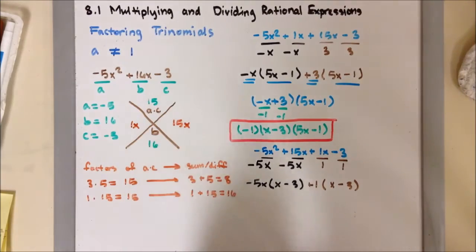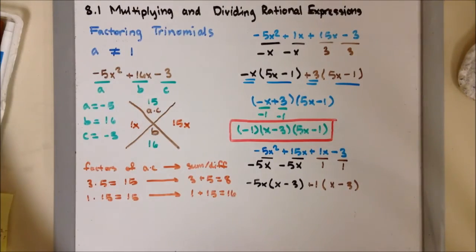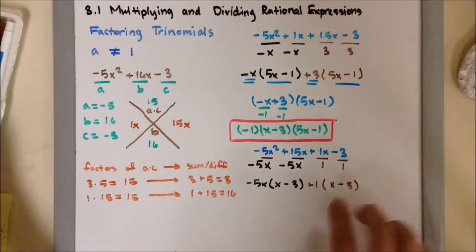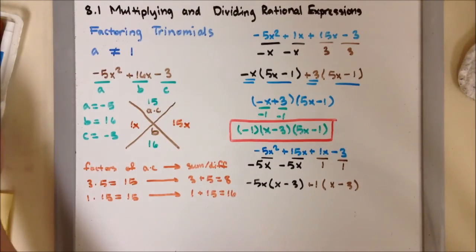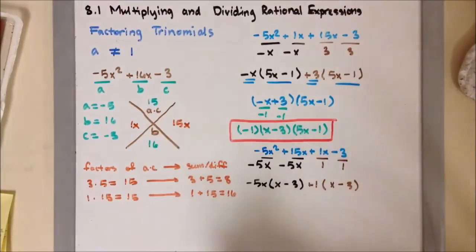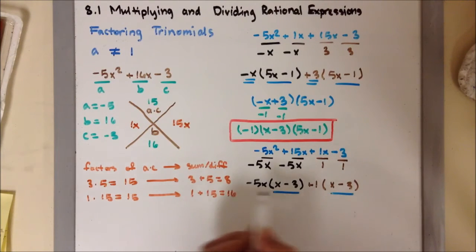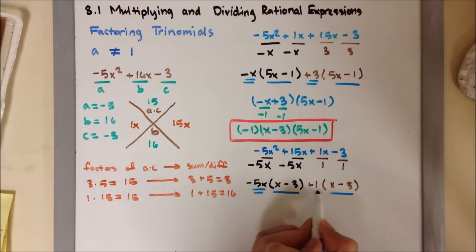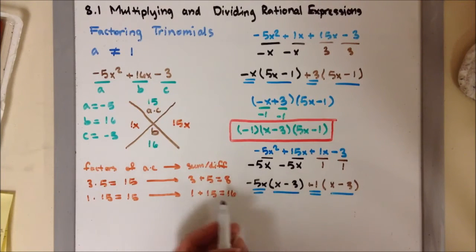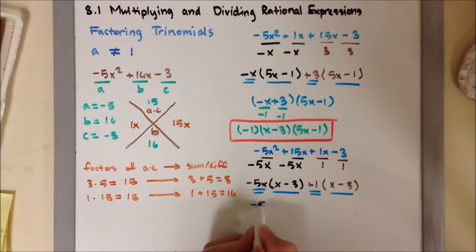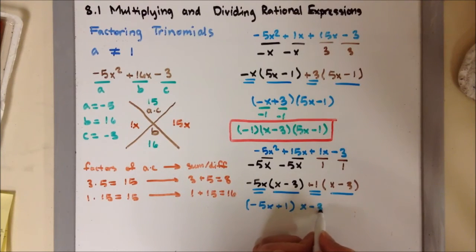So again, if you see nothing in common when you factor by grouping, divide the side by 1. If you look at the expression inside the parentheses, it is exactly the same. So I'm going to group the common factor that's outside the parentheses together. So negative 5x plus 1 in parentheses, and then x minus 3.